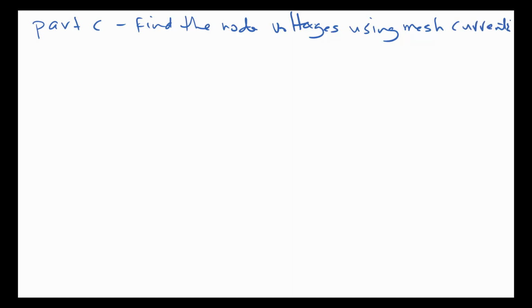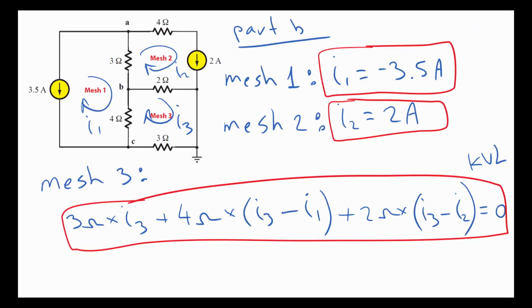That's the thing that we're doing right now. Okay, so we have to find the I3 mesh current. So what we can do here is label these equations. We can call them equation 1, equation 2, and equation 3.